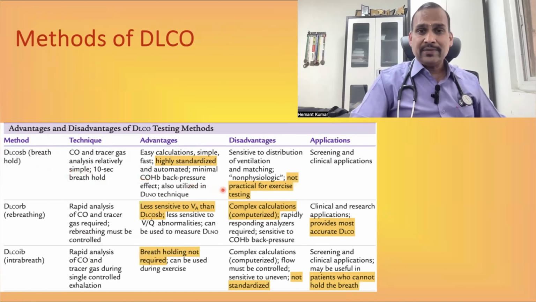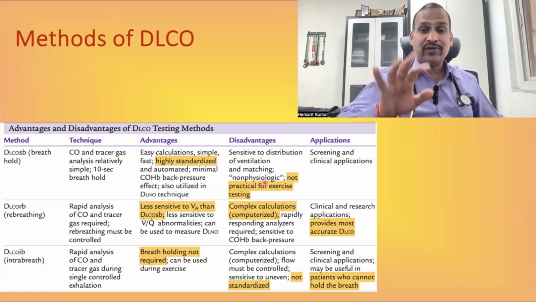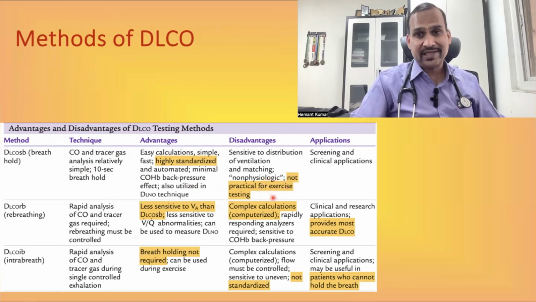The problem is the patient has to hold breath for 10 seconds, which may not be possible for patients who require exercise testing or those with severe ILD. They cannot hold for 10 seconds. In that case, another test may be useful. Another test is the rebreathing test.